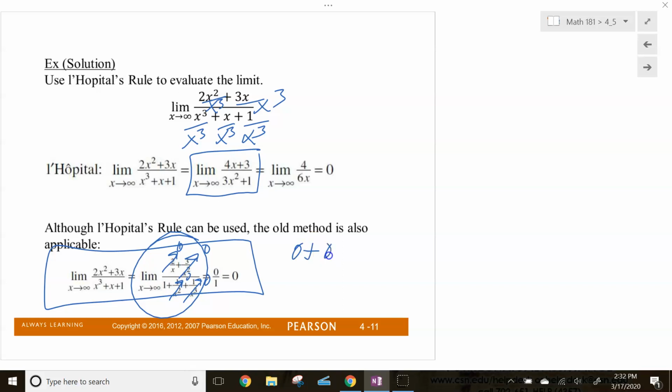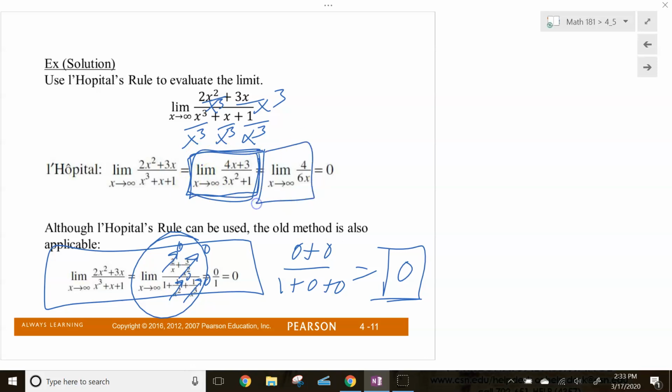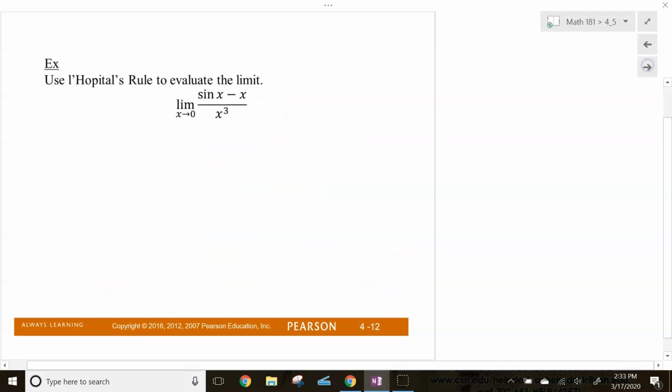So it ends up being 0 plus 0 over 1 plus 0 plus 0. Again, the limit is 0. But again, L'Hopital's rule might be the way to go, where you take the derivative, it's still infinity over infinity, take the derivative again, now throw it in, and you got 4 over 6 million, if you will. In other words, it's going to 0.